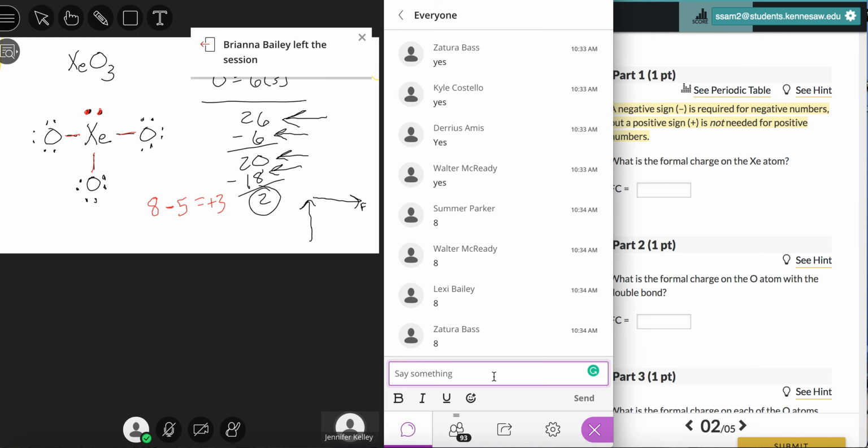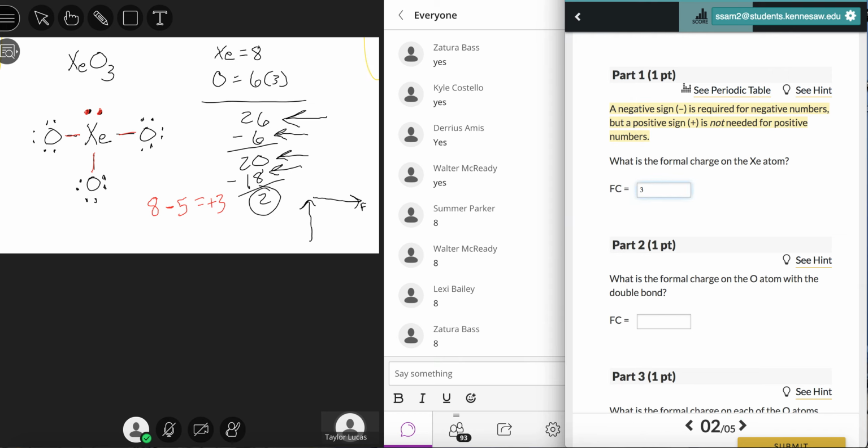So then what about the oxygens? I thought that the lines were 2. They are, but when you're doing formal charge, that's a good question. So when you're doing formal charge, that's the valence electrons minus the lone pair electrons plus the bonds.